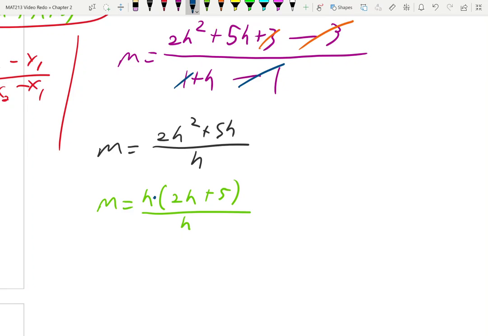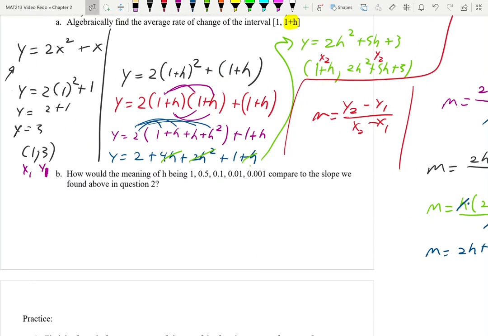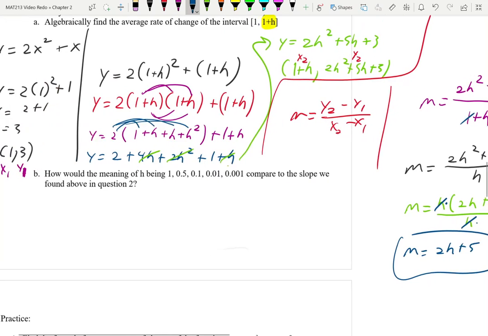I have h times everything else, and in my denominator, I have h times, well, itself. So these divide to 1, leaving me with the slope equal to 2h plus 5. Cool. So we were able to come up with an equation. We now know the slope is 2h plus 5.